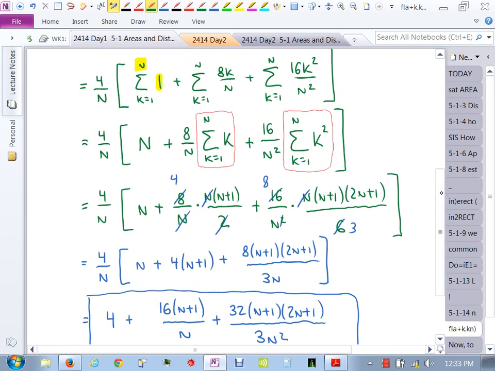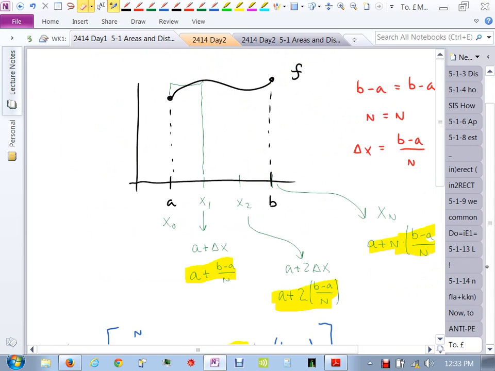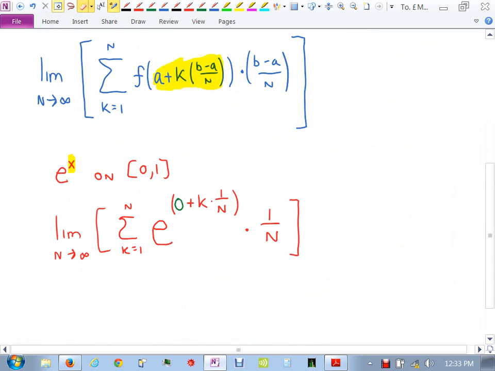We summed the k's, and that turned into a formula that no longer had a sum in it. When we sum the e's, you have to add them before you let n go to infinity. So you can't take a limit until you've added everything. Here we could take a limit because the sum vanished, from here to here, because of the formula. For this problem, we couldn't do anything. We'd be stuck.